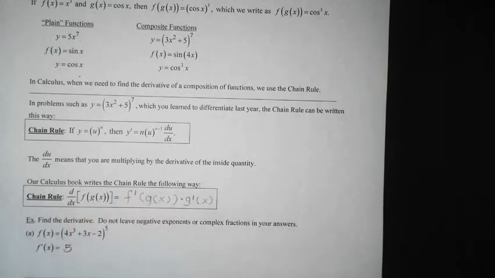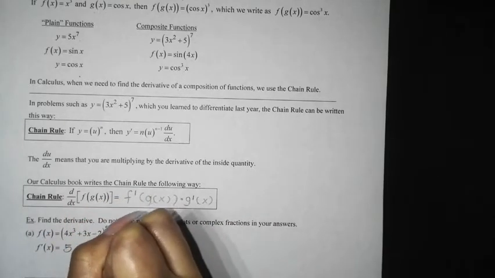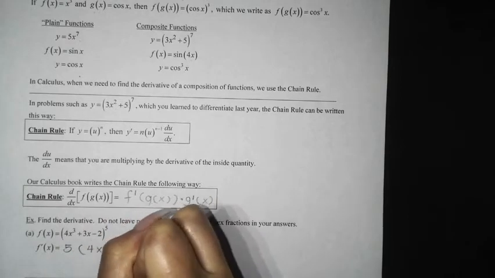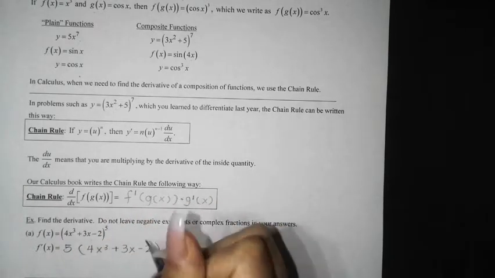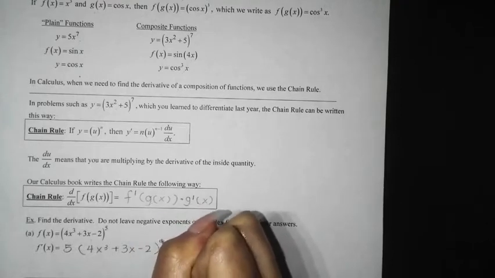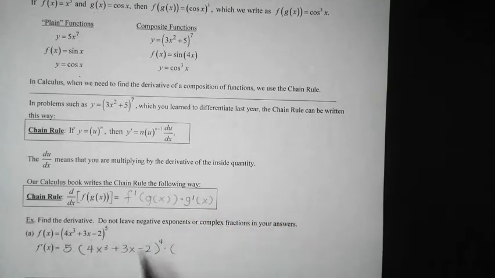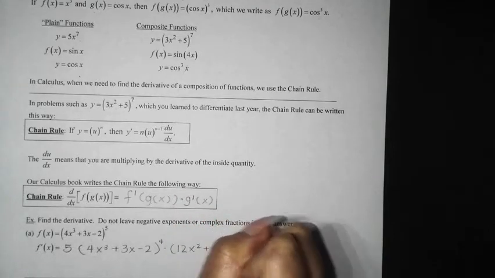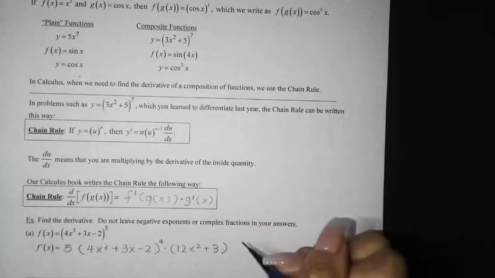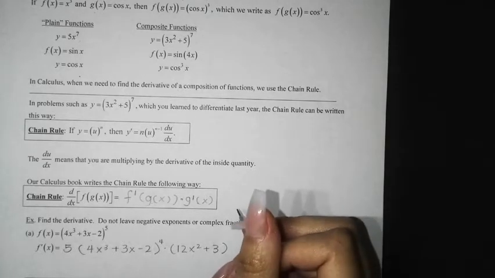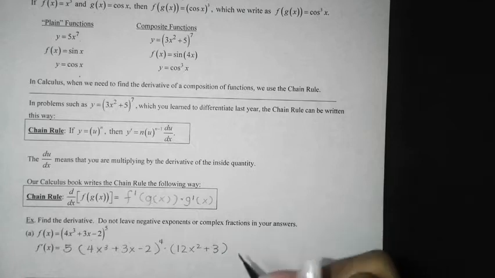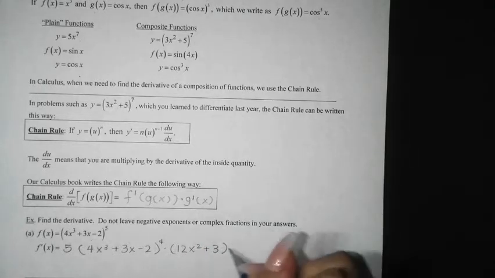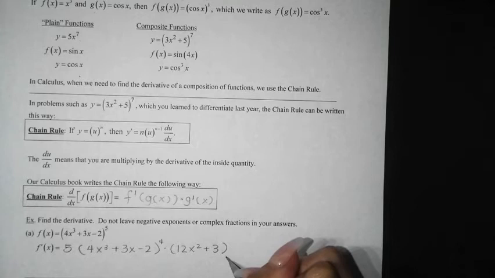You are going to have 5 times (4x cubed plus 3x minus 2), close it, 5 minus 1 is going to be 4, times the derivative of the inside. What is the inside? All of this chunk. So what's the derivative of the inside? It's going to be 12x squared plus 3. Since we don't have any negative exponents and we don't have any complex fractions, we can stop here.